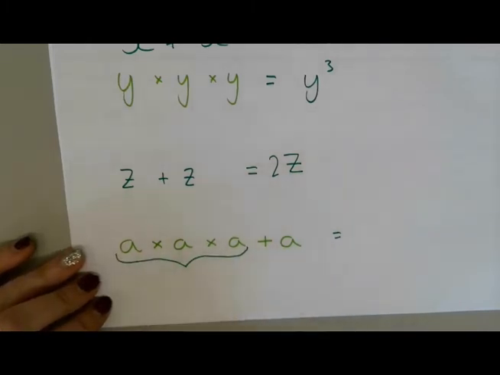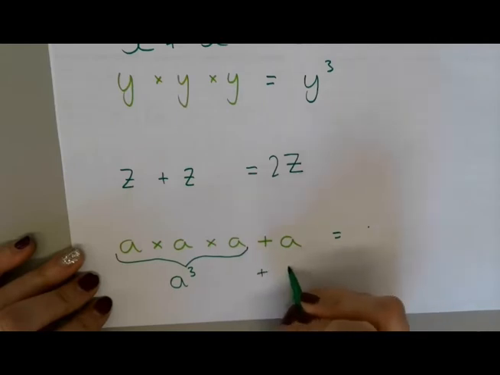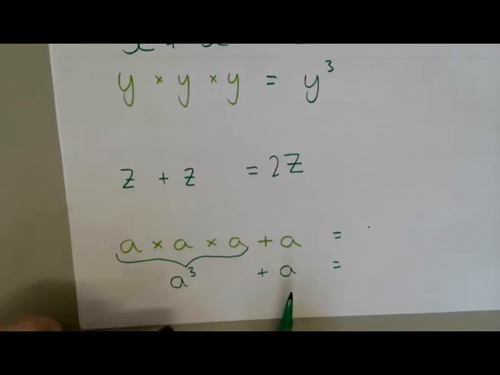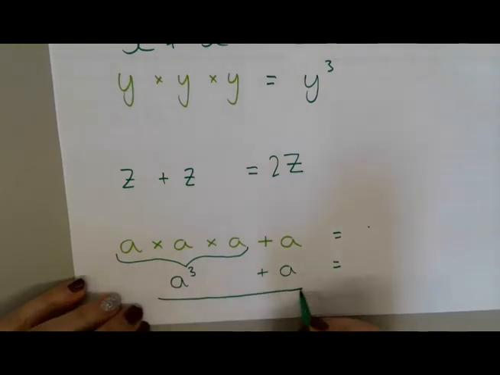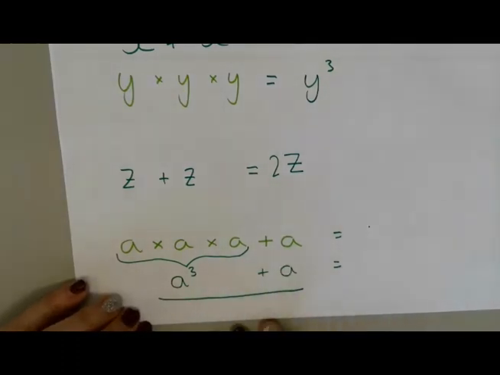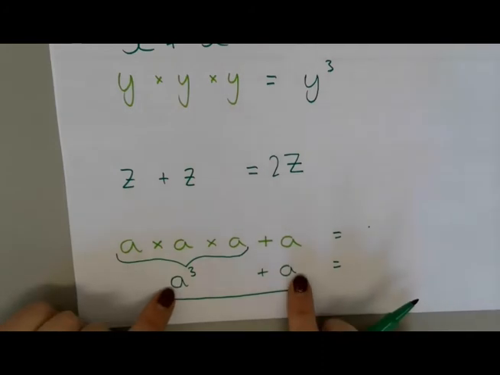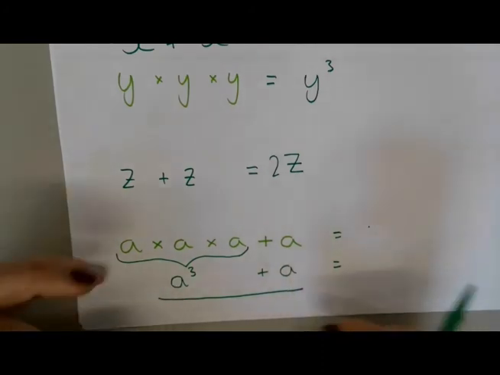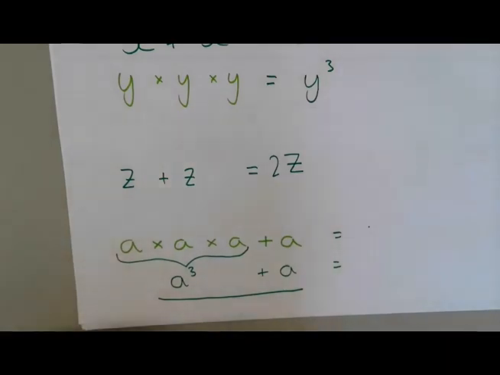So a times a is a cubed, in fact do this underneath, a cubed plus a, which is from there, equals, now a cubed plus a, because these aren't like terms, remember what we said before, that because this has got a different index, they're not like terms, we can't add them together. So this is actually as simple as it gets. You can't simplify that any further. That is the final answer when we're simplifying. Don't try and squeeze them all into one term, it's not going to work.